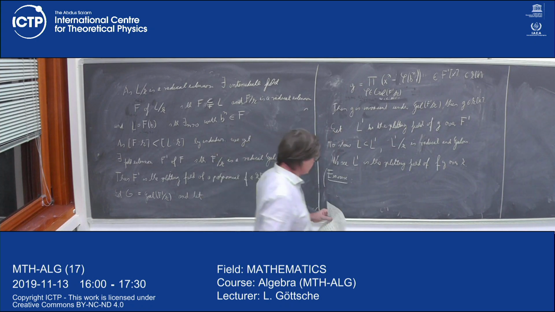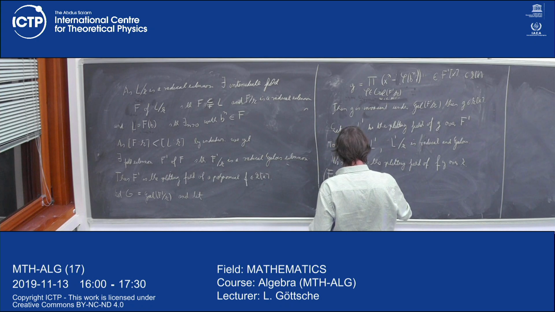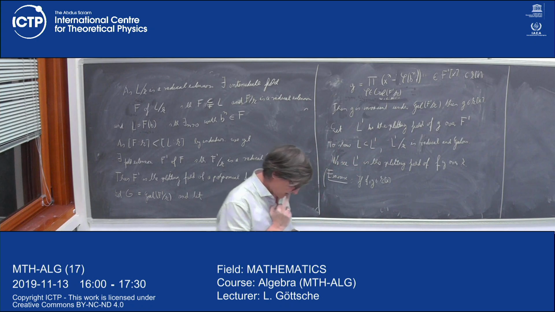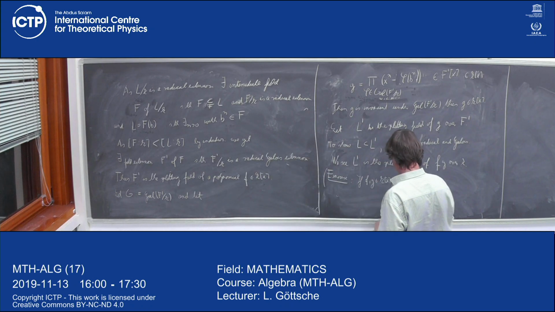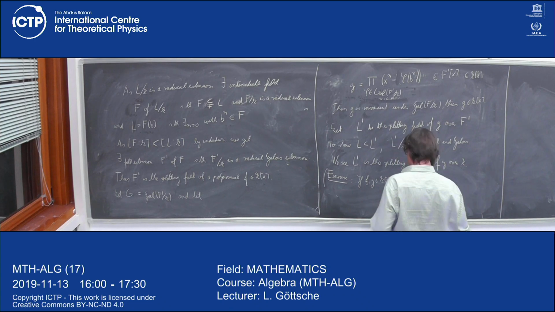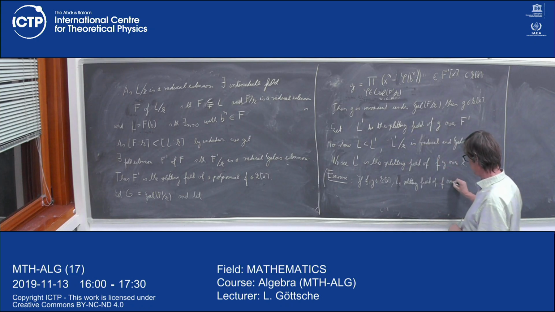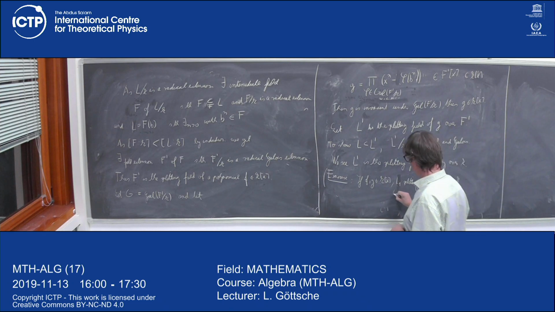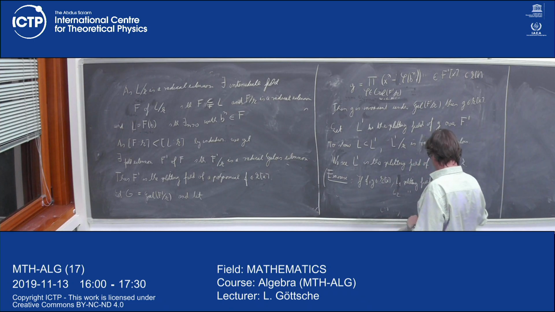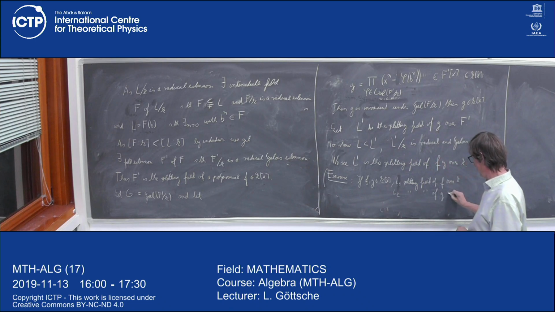So if f and g are polynomials in kx, and say L1 is the splitting field of f over k, and L2 is the splitting field of g over L1.